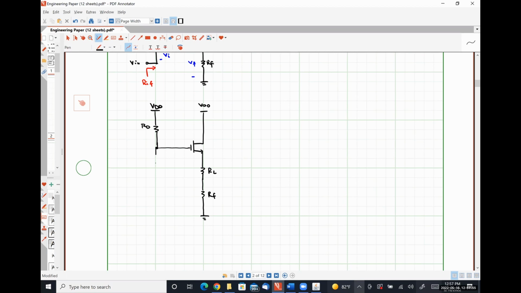On the left-hand side, here's VN. And then here's RF.